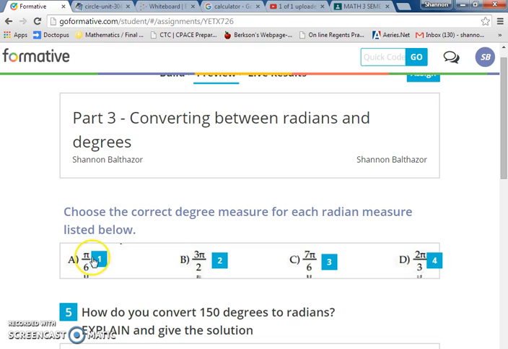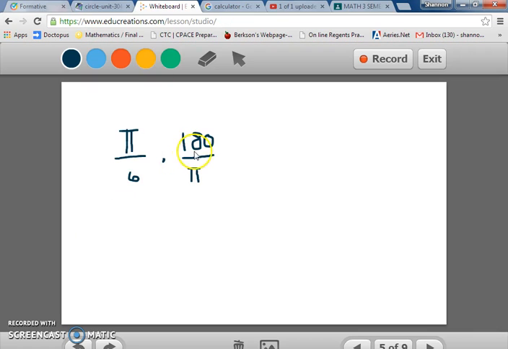So for number 1, pi over 6, we're going to multiply it by 180 over pi. The pi values will cancel, and we'll end up with 180 divided by 6.